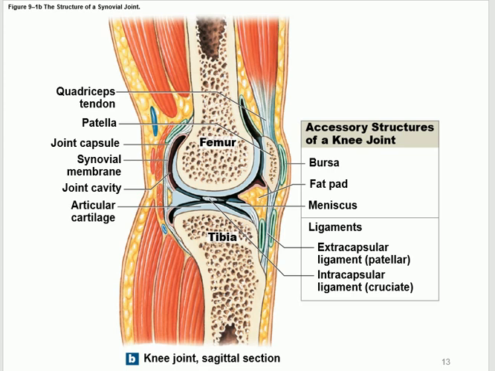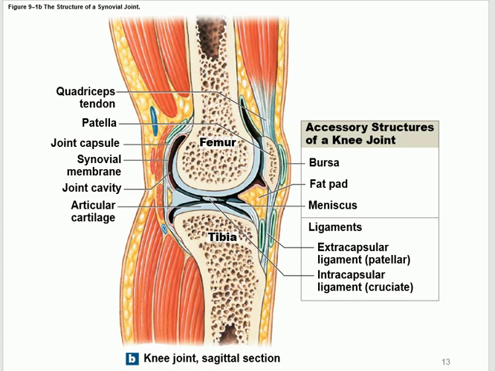You also have specifically in this joint two menisci. Usually, you have one articular cartilage on the end of this bone and one articular cartilage here, smooth. It will make no friction. But here is an extra one because this is the weight-bearing joint. So there is a meniscus, two in between the two bones.